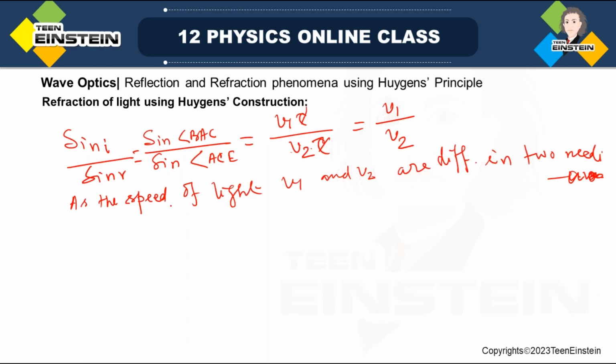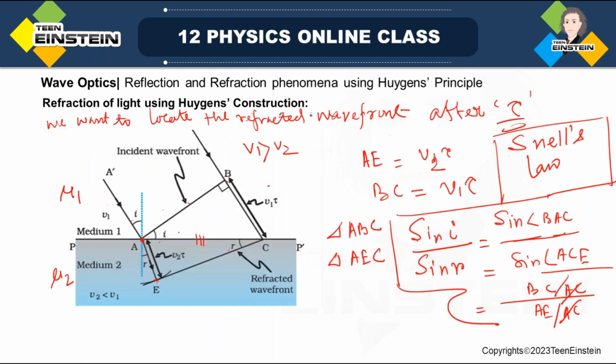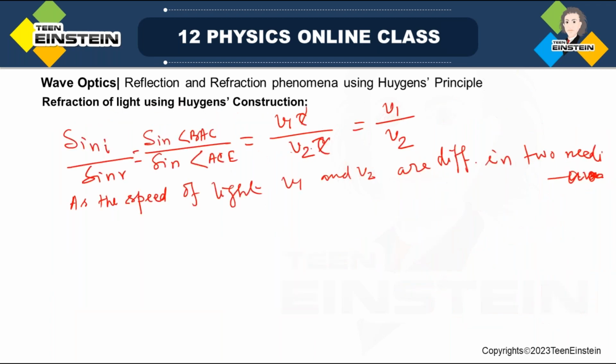If I say the wavelengths of these two media are lambda 1 and lambda 2, let us say this has wavelength lambda 1, this has wavelength lambda 2. Then we know for a wave, v is equal to nu into lambda.